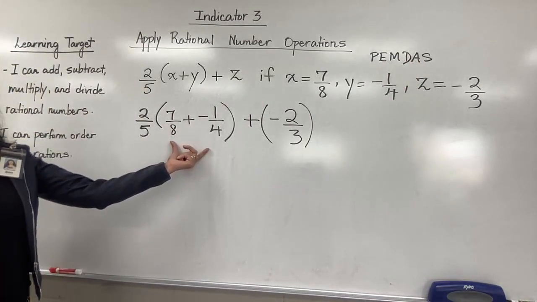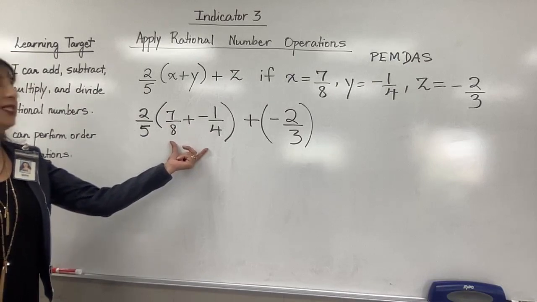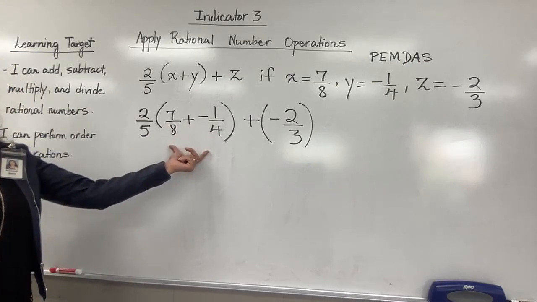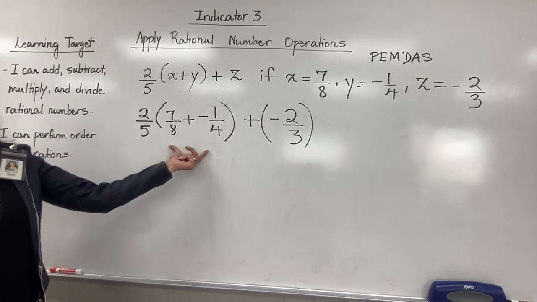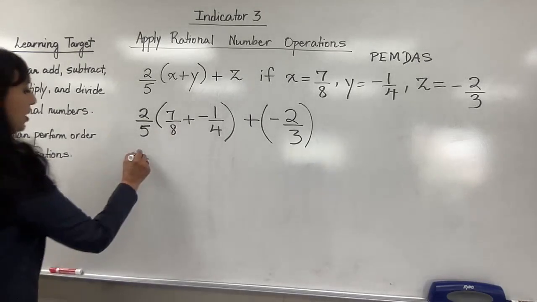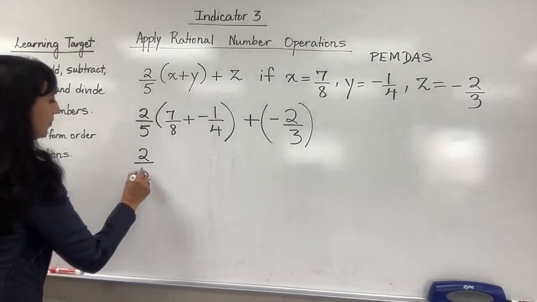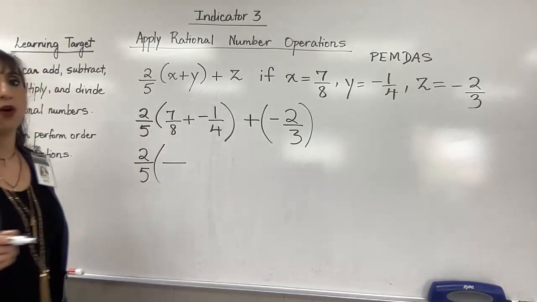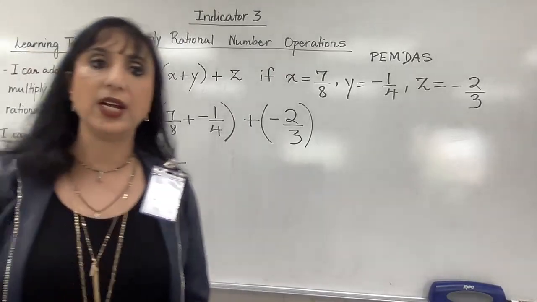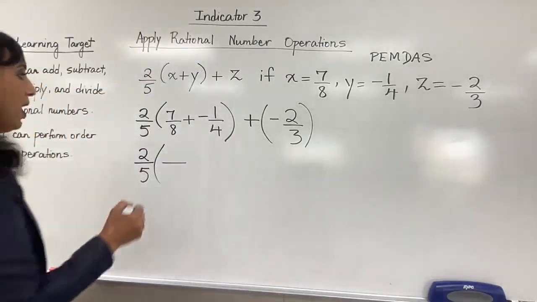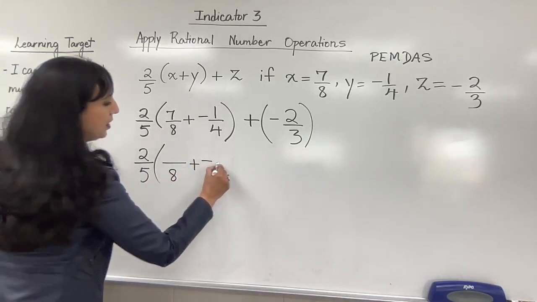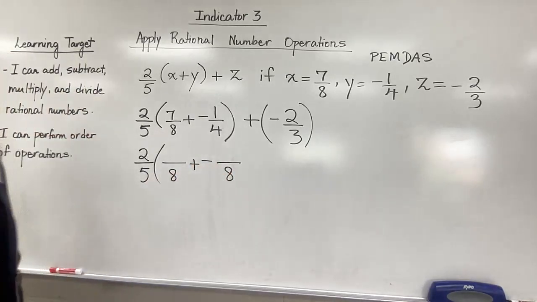Okay, and now I can see that my denominators are different, so the first thing I need to do is make a common denominator. Okay, so I'm going to bring down 2/5, and then I know that 8 and 4, my least common denominator is going to be 8, so I am going to put 8 as my denominator for both.